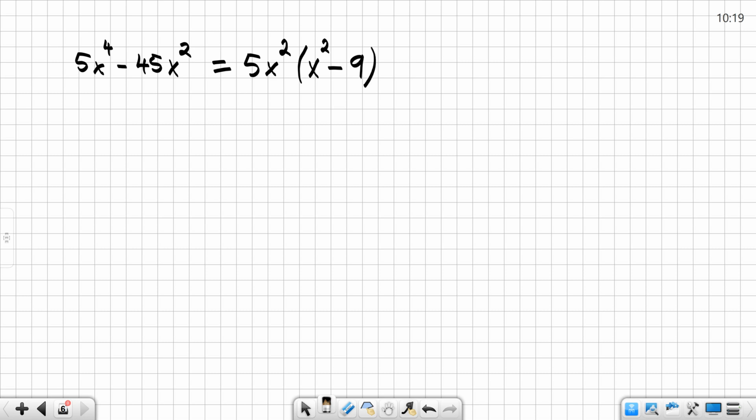Now I step back and look at my second factor, x squared minus 9. This is the difference of two squares. So x squared minus 9 is the same thing as x plus 3 times x minus 3. Now I have it completely factored.